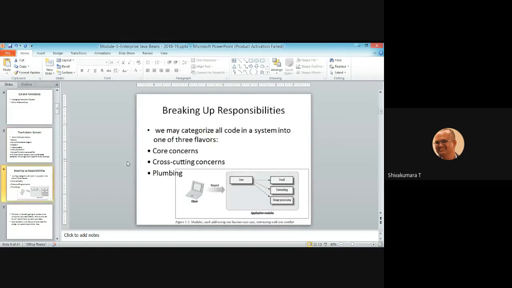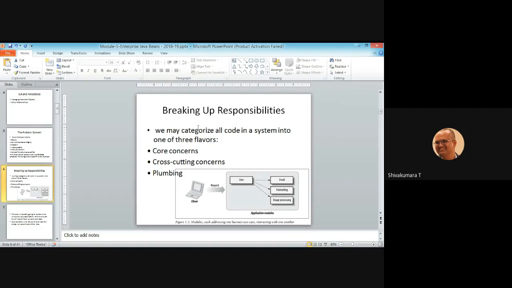So now let us look into breaking up responsibilities. Why do we need to break up? Everything is not possible by one man in his lifetime. To develop software is also a big project, a big deal in a lifetime.